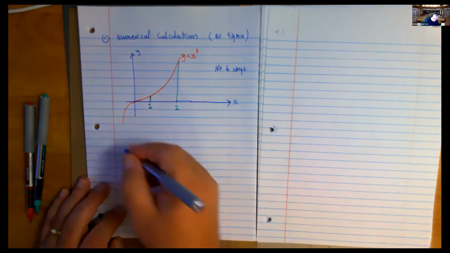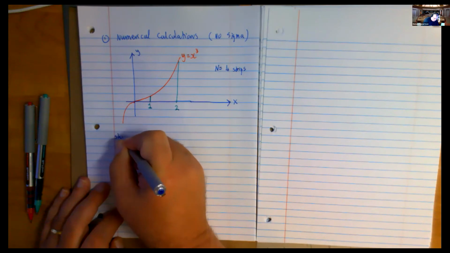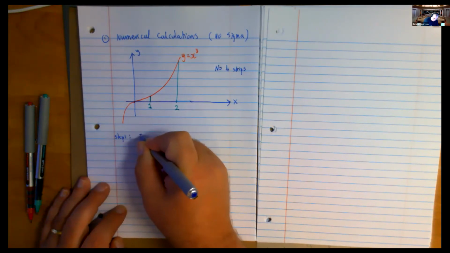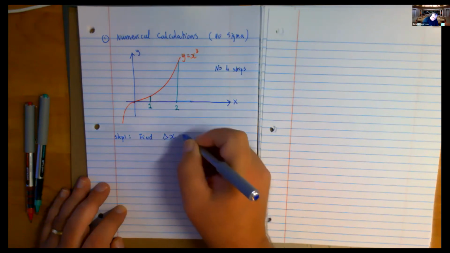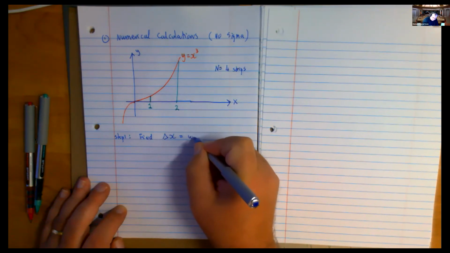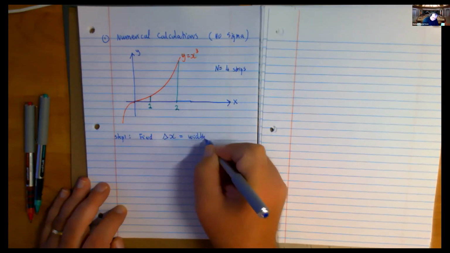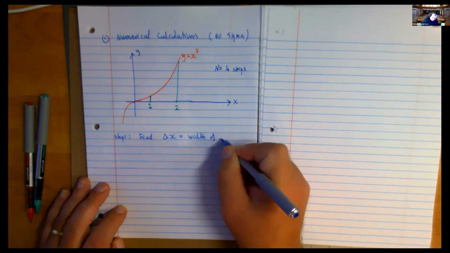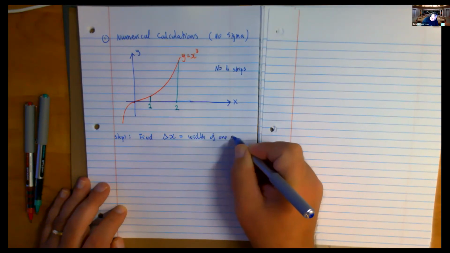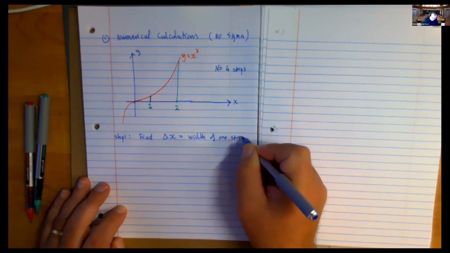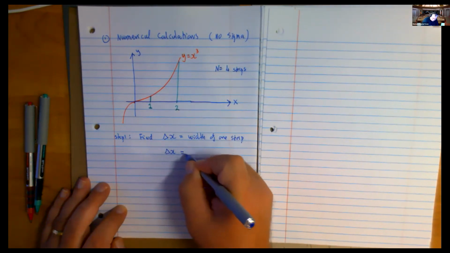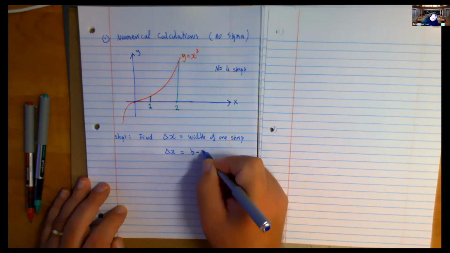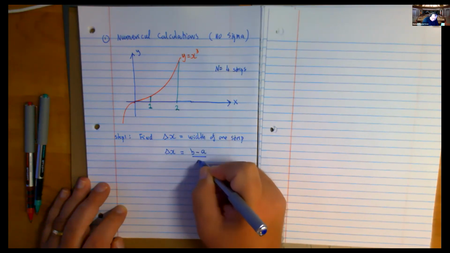So first thing you do, you find a guy called delta x, which is basically the width of one strip. There is a formula for calculating delta x. It's b take away a divided by n.